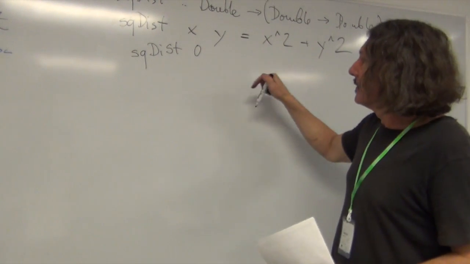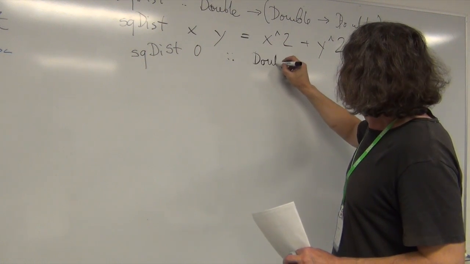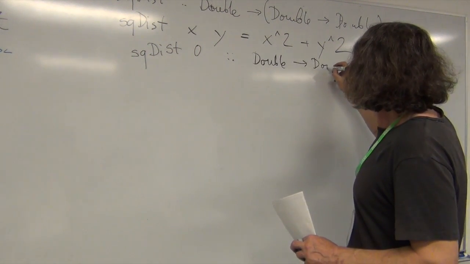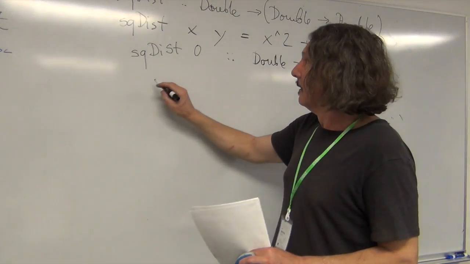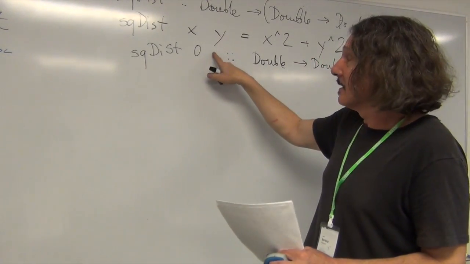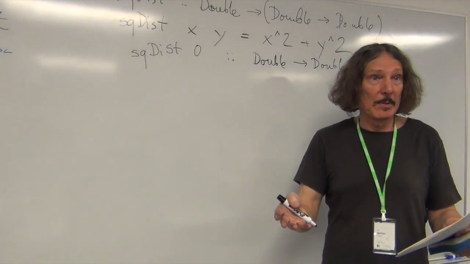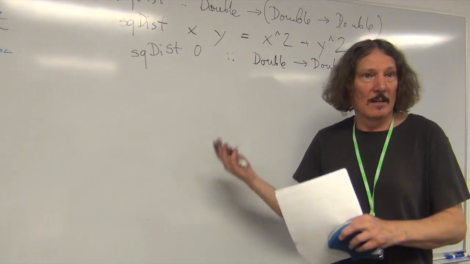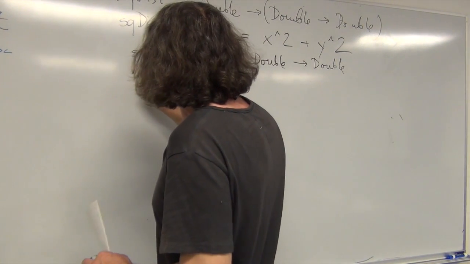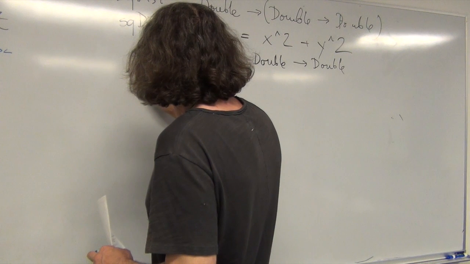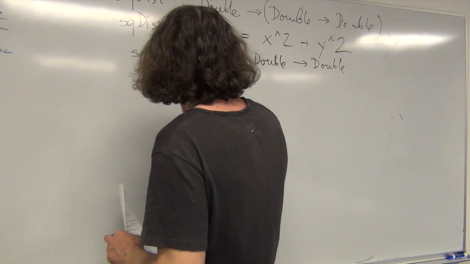So dist of 0, what would the type of this be? Well, the type of this would be double arrow double. So you can take this and apply it to 1, let's say, and you will get the result. So you can partially apply, and then you can provide the second argument, and so we can even give it a name, like dist from 0.